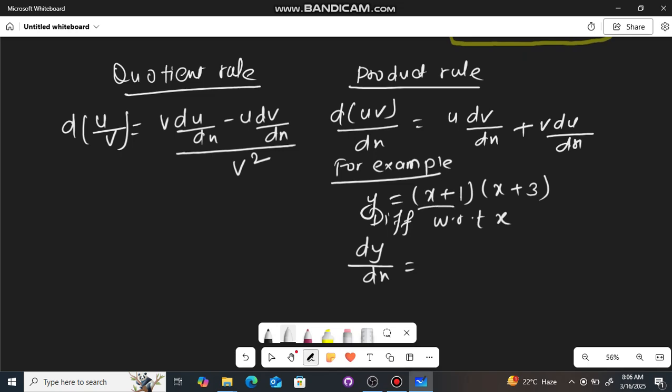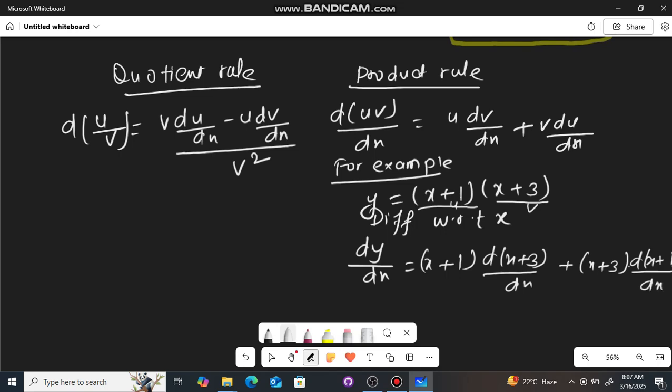The first term will behave as u, the second will behave as v. So this will be (x plus 1) times the derivative of v, which is d(x plus 3) by dx. Similarly, plus now (x plus 3), which is v, will behave as a constant term, and d(x plus 1) upon dx, which is u here.